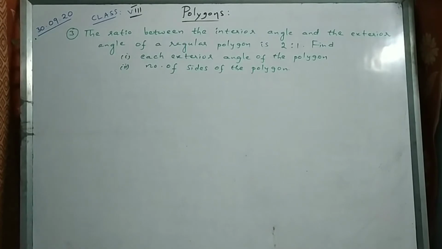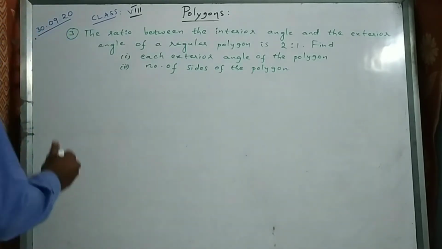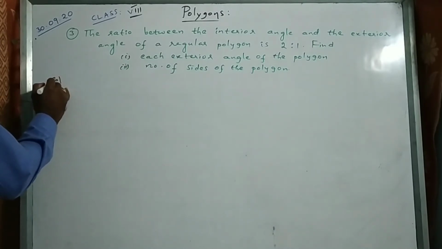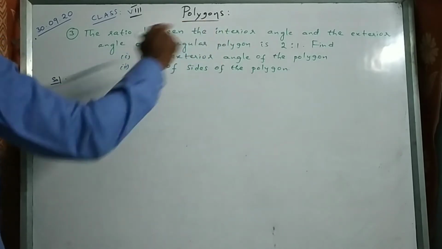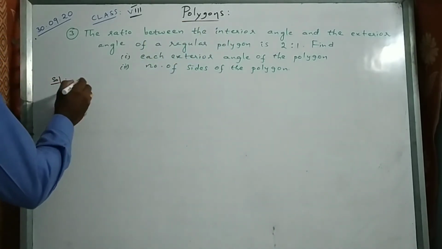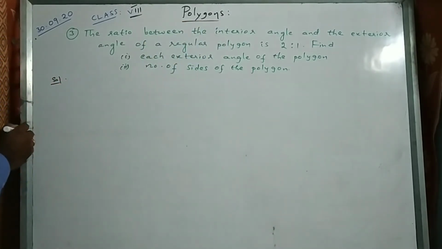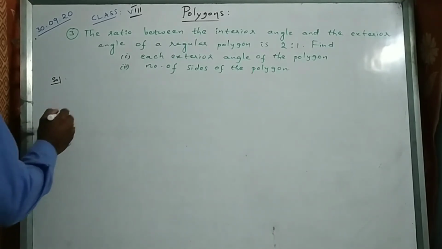Let us see the solution. Here again two formulas are there, right? What is the first formula? The ratio between interior angle and the exterior angle. So I want here each interior and each exterior, right?